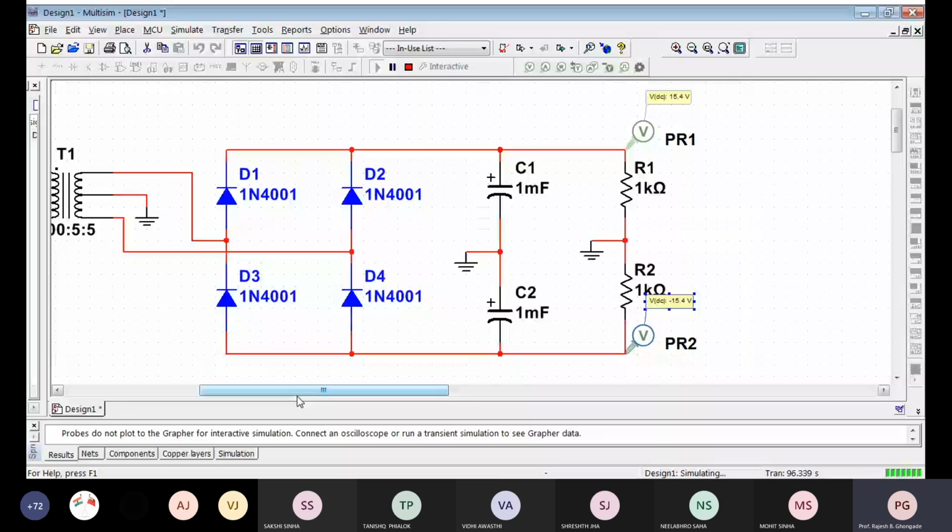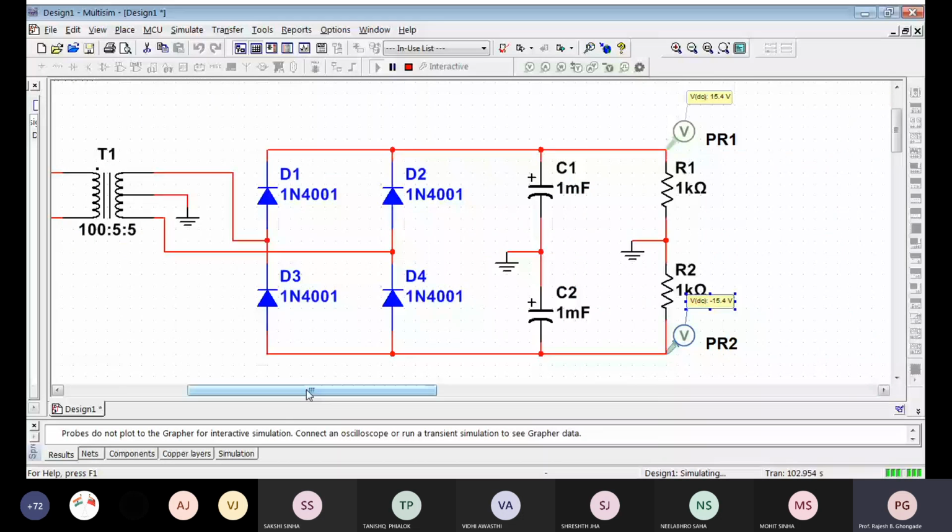I think we have already exhausted the time, so we'll stop here for today. Today's session was to make you more comfortable with Multisim, to observe various waveforms, find their phase differences, find their peak-to-peak amplitudes, and measure the frequency.